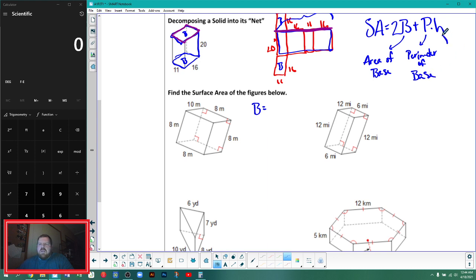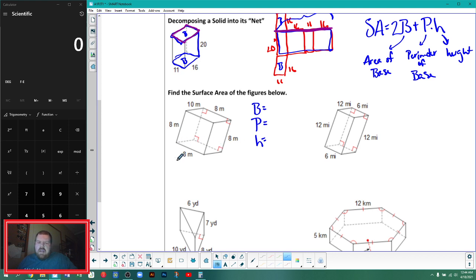And I'm just going to call this the height. But height has to be the distance between the two bases. So I want to find those three things before I get started at all.